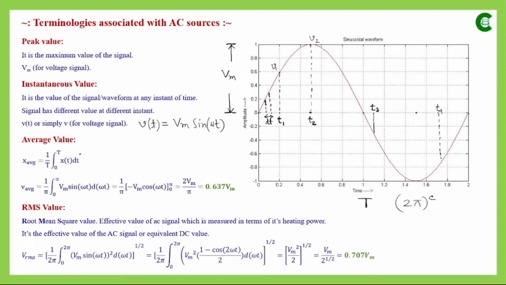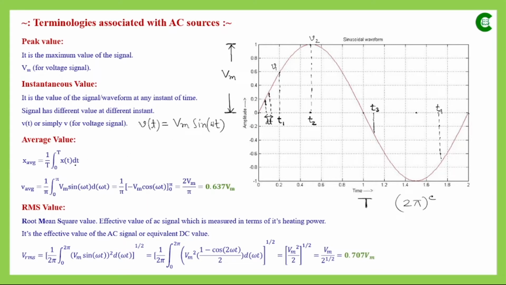So symbolically or mathematically, how we write it is, first x(t) dt. So x(t) is the signal value or the amplitude of the signal, and that is multiplied by the small interval of time that we have mentioned here by dt.